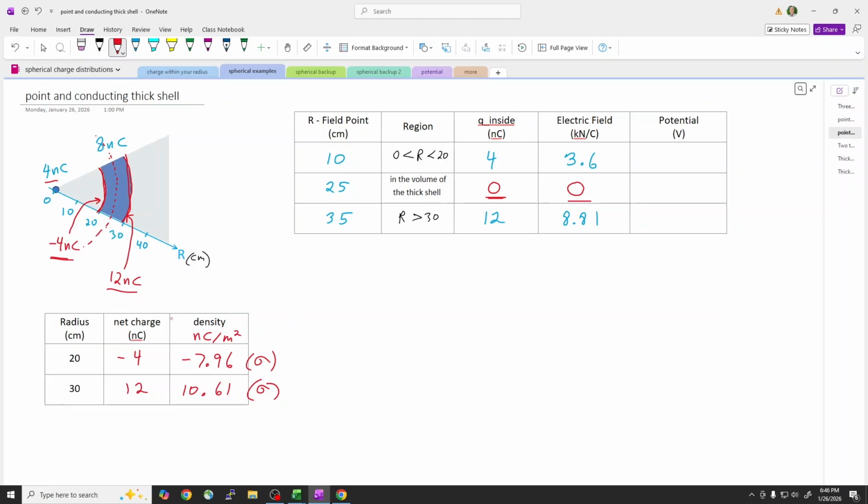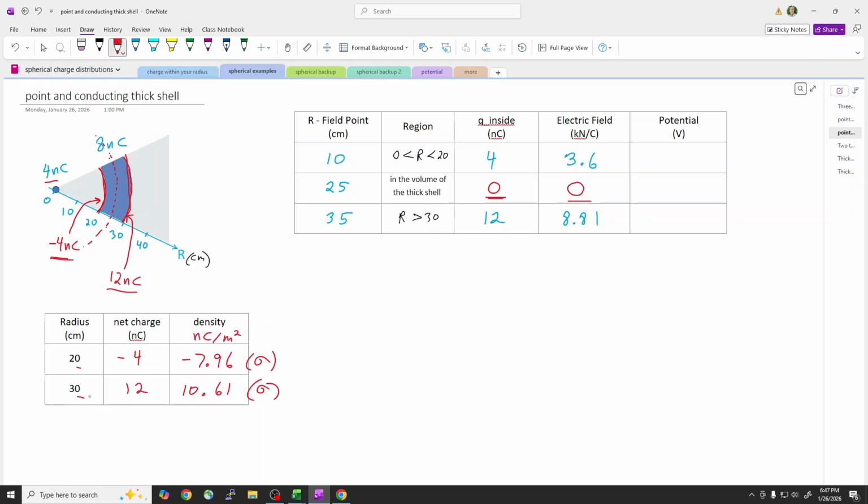So the densities we calculate here are sigmas, surface densities, right? We can calculate the net charge at each radius, starting with the idea that the electric field is zero in the conductor, therefore Q inside is zero, and then working our way from the inside out. So you can then calculate these densities.